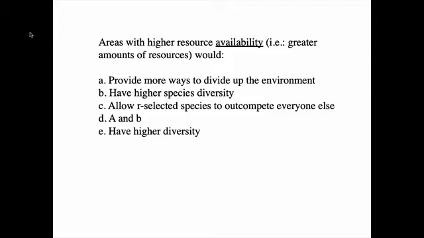So would low levels of nitrogen versus high levels of nitrogen, that is, the availability of a particular resource, how would that affect diversity? Would high resource availability, say lots of nitrogen, provide more ways to divide up the environment and thus support more species, have higher species diversity, allow our selected species to outcompete everybody else, or some combination?